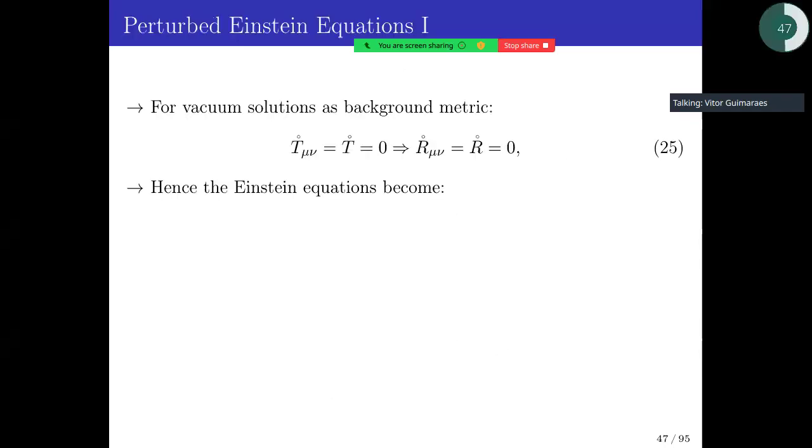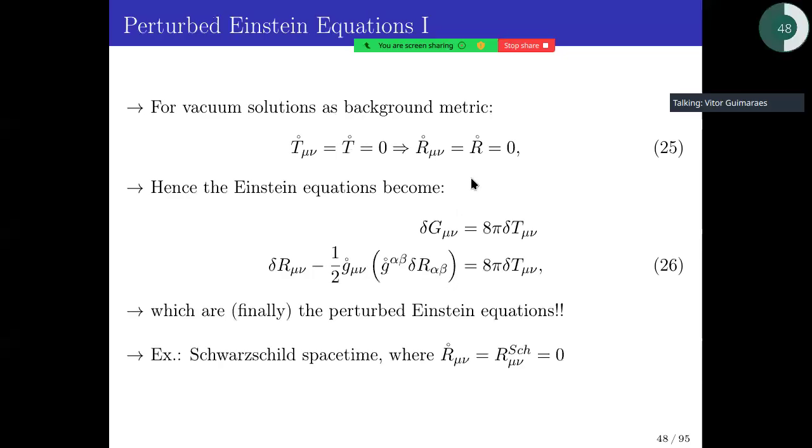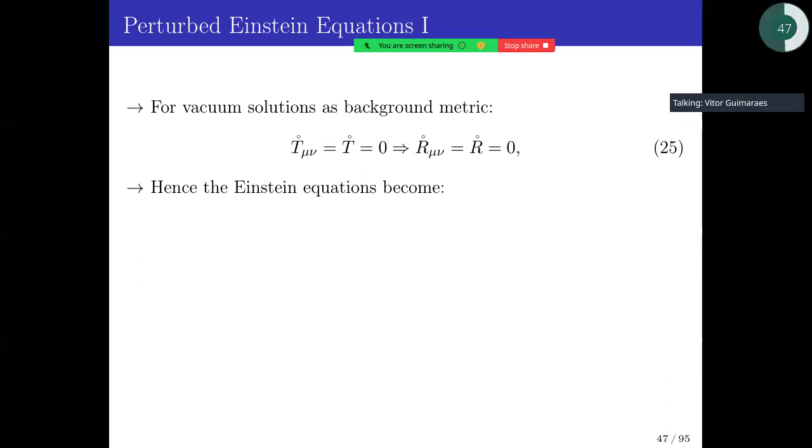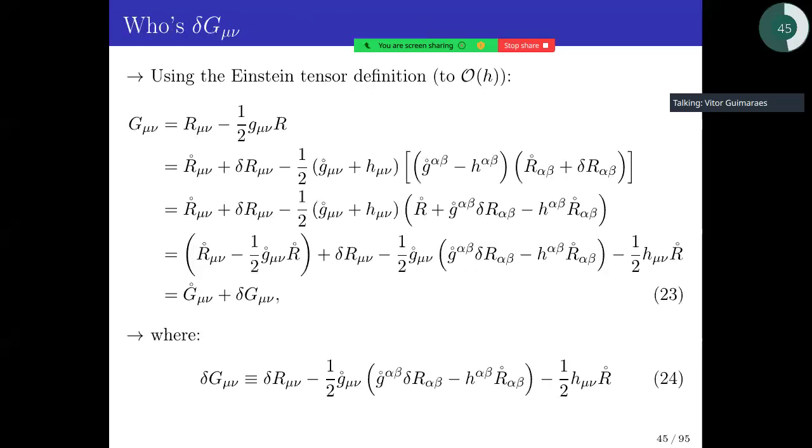So when the background metric is a vacuum solution, we can simplify our Einstein equation by this. So this is our perturbed Einstein equations when the background metric is a vacuum solution. If this is not the case, then this would be the full expression, and G mu nu ring would also be a part of it.